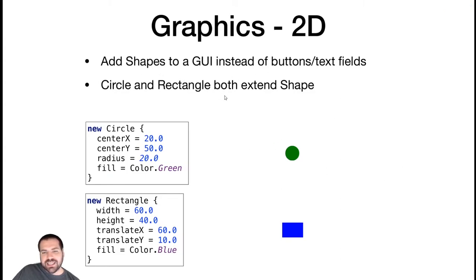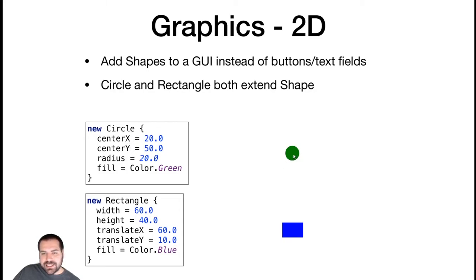So let's see how to add elements to our screen using 2D graphics. So the syntax, not too crazy here. You have to specify if you want a 2D shape. Again, I said squares earlier, but rectangles and circles we'll stick with. If you want some shape on the GUI, that shape, for basic shapes, is going to have a class with that name. Create a circle using the Circle class. This is not a class that I wrote. This is part of the ScalaFX, JavaFX libraries. So I'm going to create a new circle. A circle needs to know where it is.